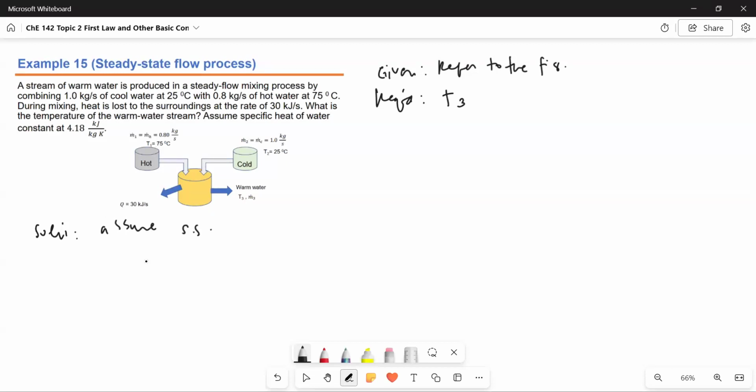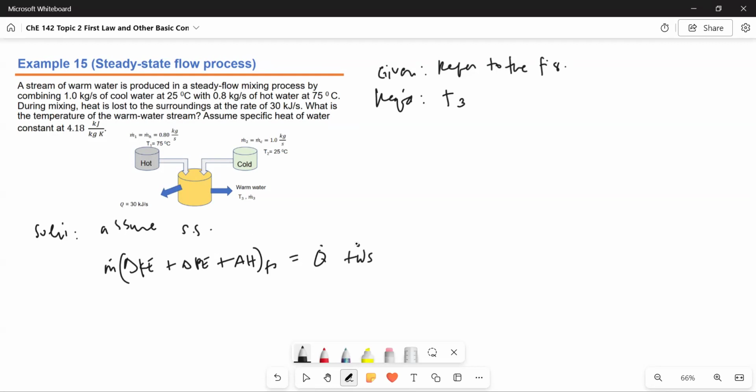So we begin with the general energy balance for steady state, and that is delta KE plus delta PE plus delta H times the flowing stream's mass flow rate equal to Q plus the shaft work rate.